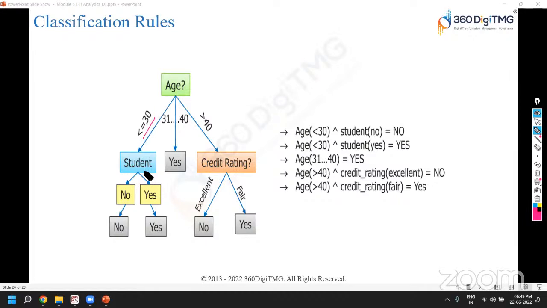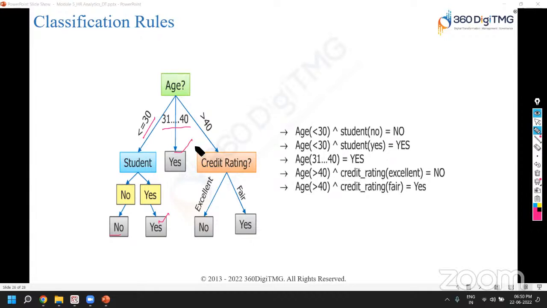If yes, whether that person is a student or not. If he is a student, only then the person is purchasing, otherwise the person is not purchasing. But if the age is between 31 to 40, then I know for sure the customer is going to purchase the computer.